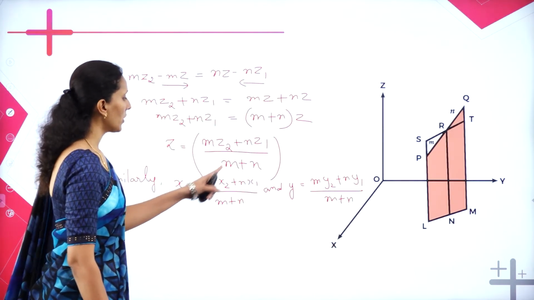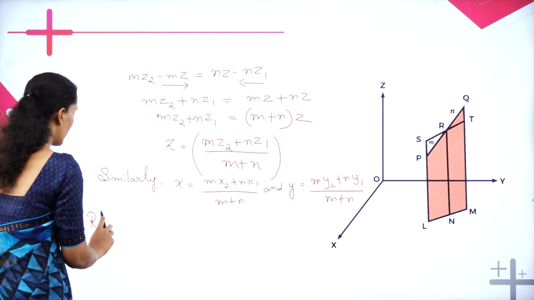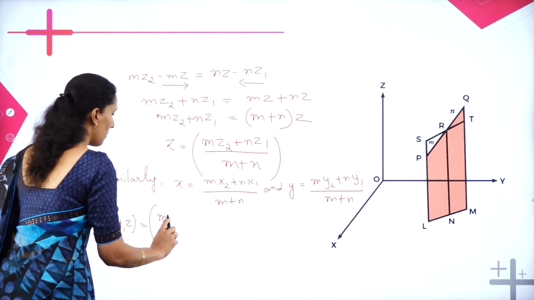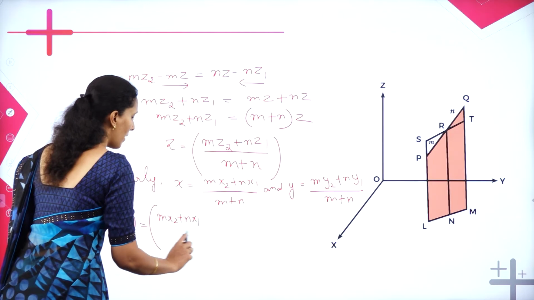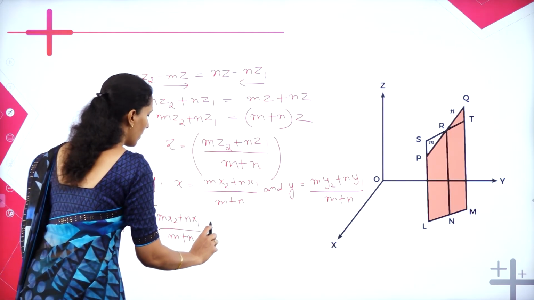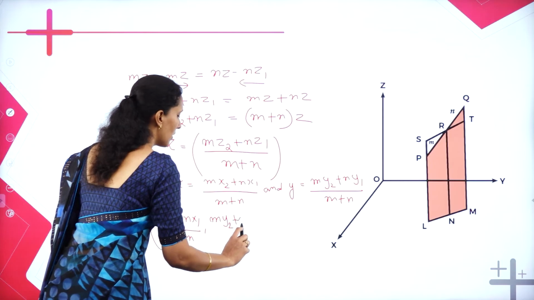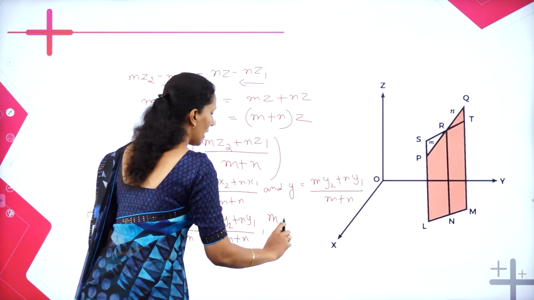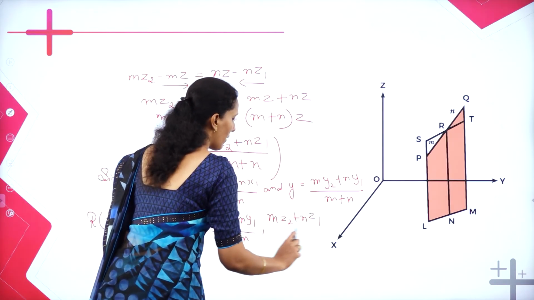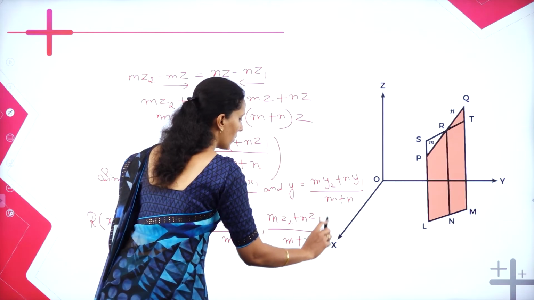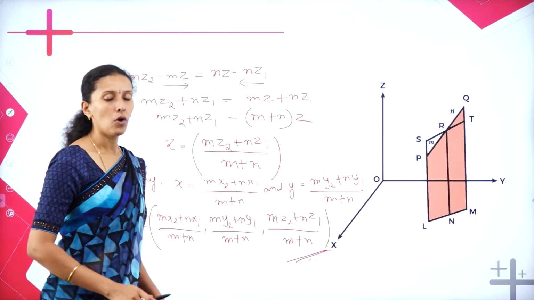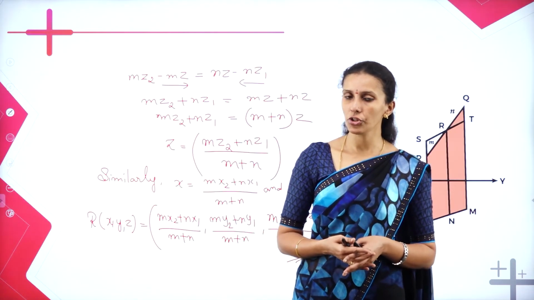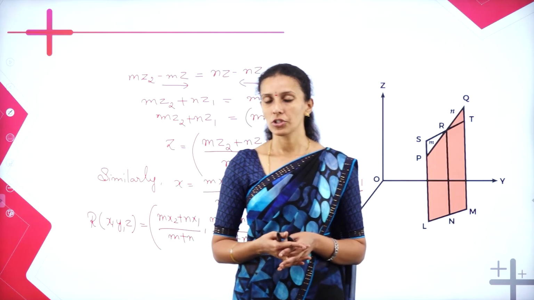So thus, writing all the coordinates, x comma y comma z can be written as mx2 plus nx1 by m plus n, my2 plus ny1 divided by m plus n, mz2 plus nz1 divided by m plus n. So this is how we can write the coordinate of a point which is dividing the line segment in the ratio m is to n in 3-dimensional axis.